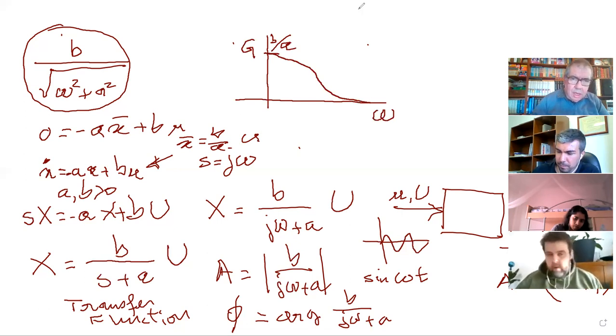So there is a frequency band for which you can excite your system. If you excite your system at high frequencies, you get nothing because the system does not respond enough.